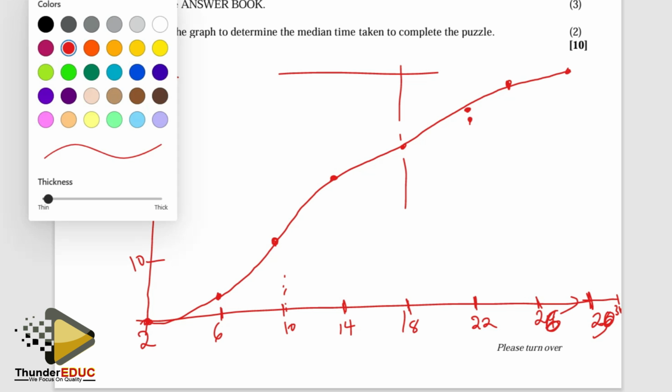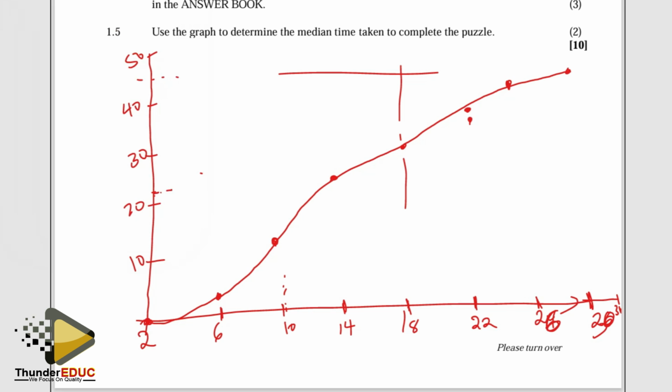Draw a horizontal line, in a different color, up until it meets the graph. And then you must read the value from down there.